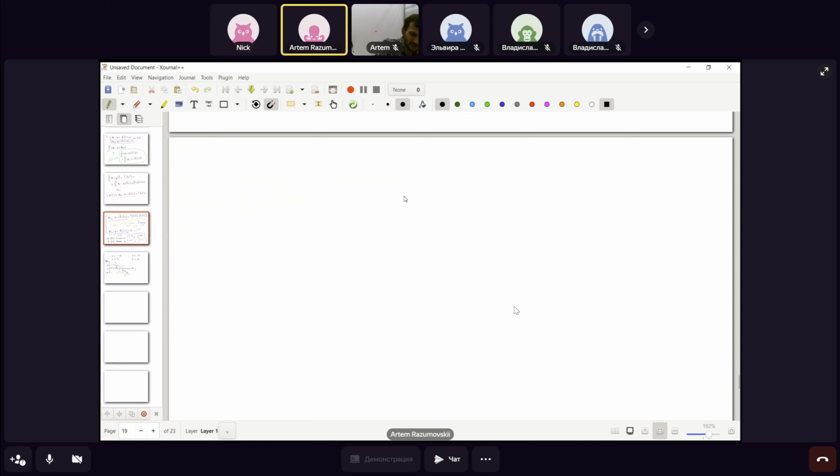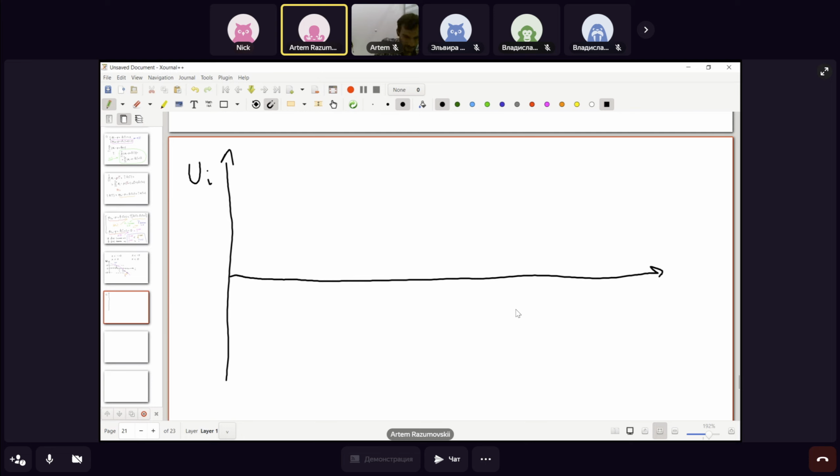Okay, let me draw it once again. This is our utility of guy I, depending on I. And then we have I. We know that there will be some guy who will be indifferent, I Nash equilibrium, and the next wouldn't join.